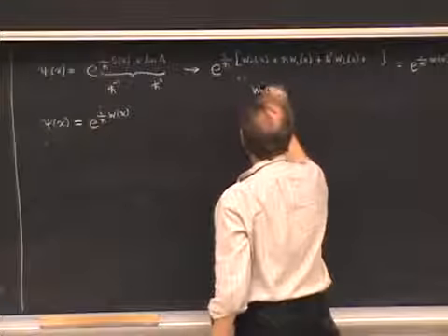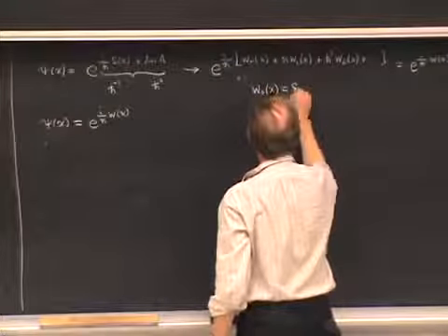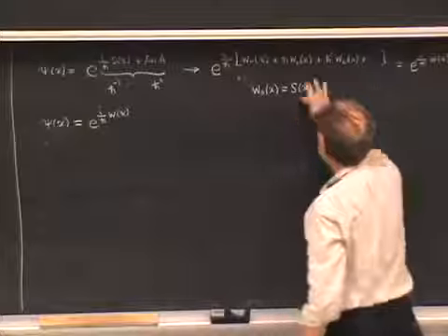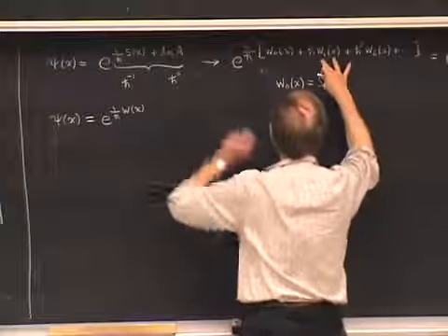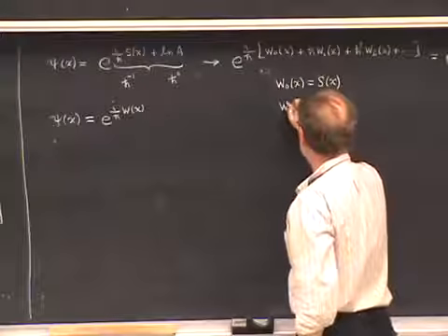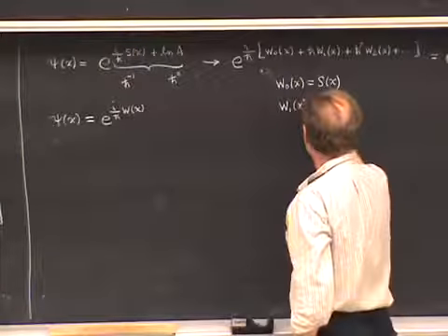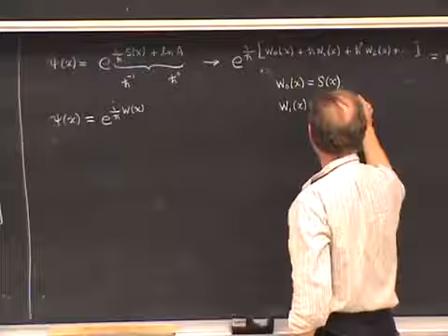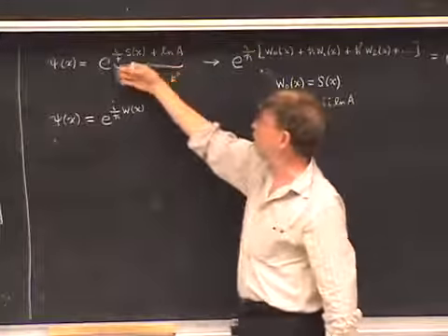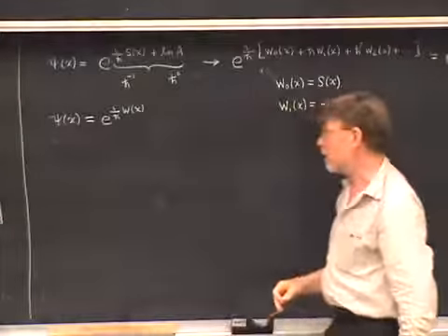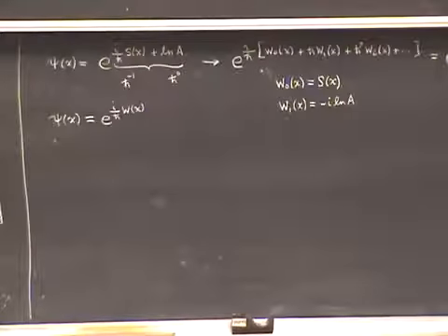So w0 of x is the same as s of x. It's just another notation for it. And w1 is equal to the logarithm of A, except I have to multiply by i's. So w1 of x is equal to, as you'll see, minus i times the logarithm of A. And then there are higher order corrections too, which are further refinements on the original WKB ansatz.